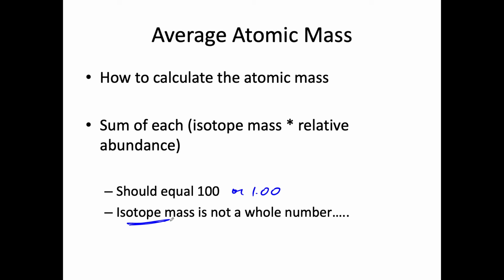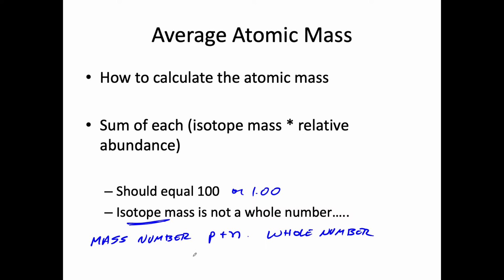I want to point this out because the mass number, as we've been talking about, which is protons plus neutrons, is a whole number. But when we actually determine the mass of a proton and the mass of a neutron, it's not exactly 1. It's a little bit above 1.